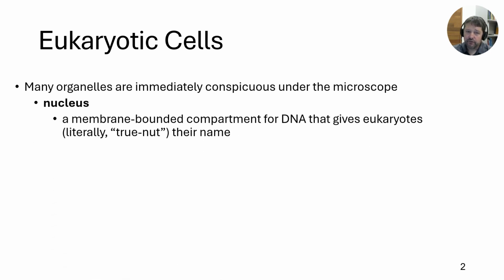Okay. The first thing we're going to talk about is the nucleus, and by far this is probably the most important. Again, the term nucleus itself means true nut. Remember, eukaryotic means true nut or true center. Nucleus means it has a true nucleus, a true center. And that nucleus is a membrane-bound compartment that houses DNA and RNA, for that matter, and ribosomes.